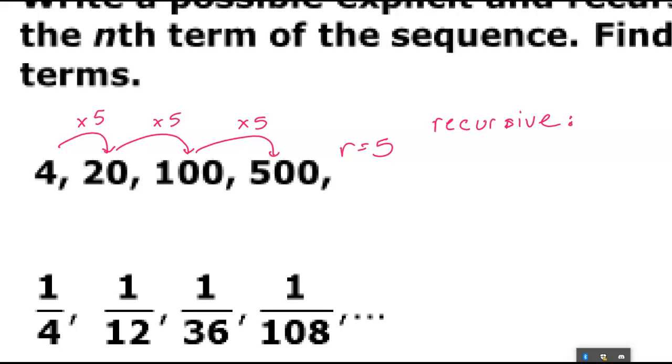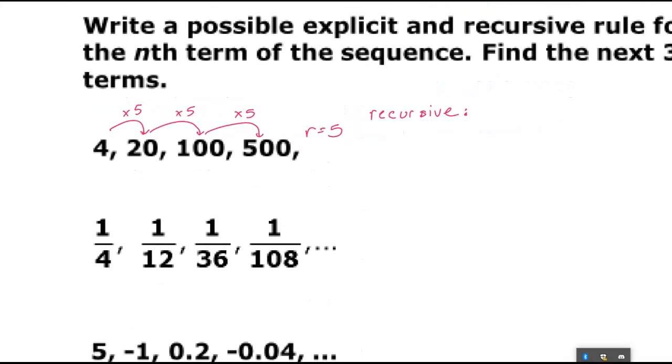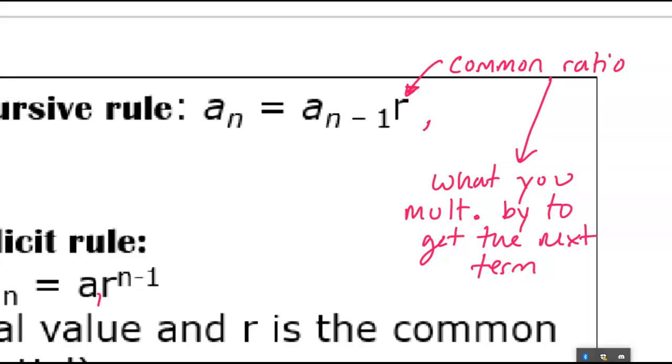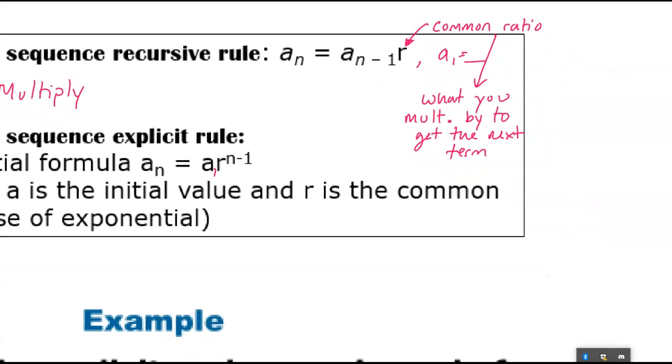So my recursive equation is a sub n is equal to, what comes next? A sub n minus 1 times 5. Good. And then, ooh, I forgot to write it. What do I always need to state for recursive? A1 and then the ratio.